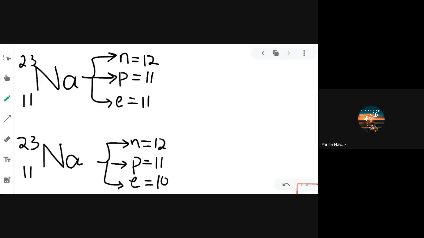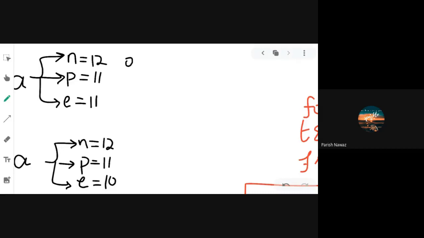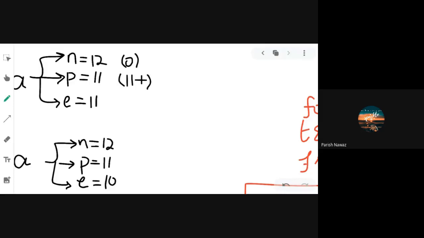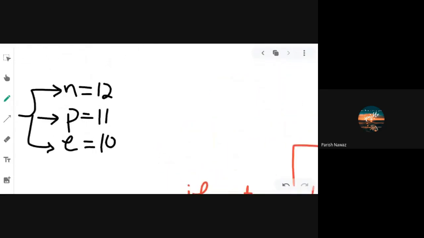Before, the overall charge was 0, because this carries 11 positive charges and this carries 11 negative charges. But when it donates an electron, it will carry 11 positive charges and 10 negative charges, because one electron has one negative charge.